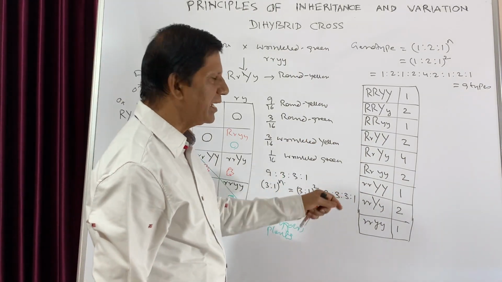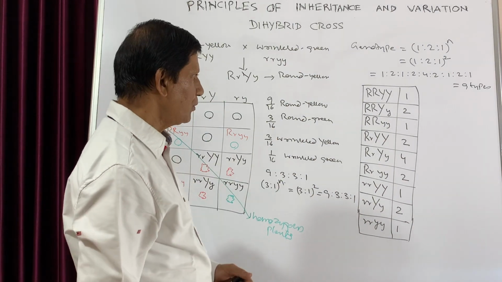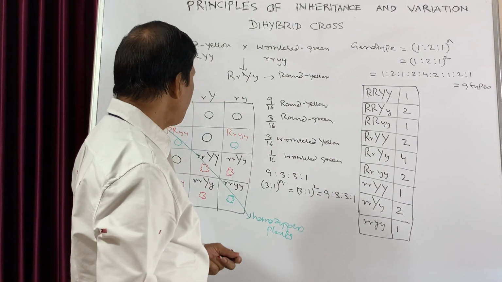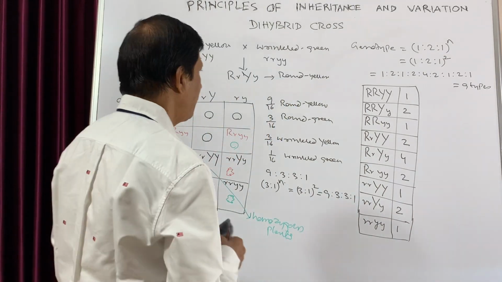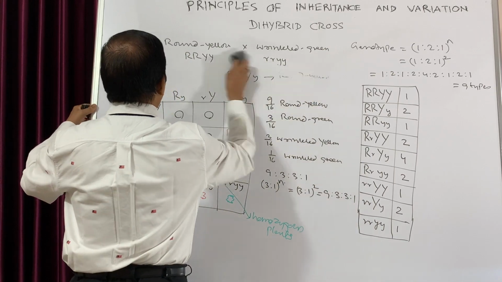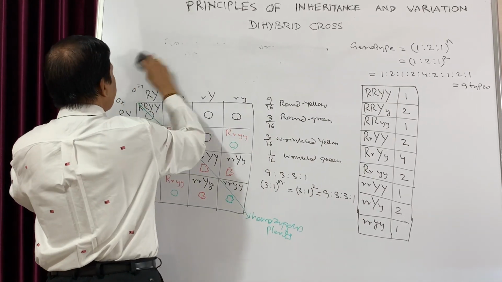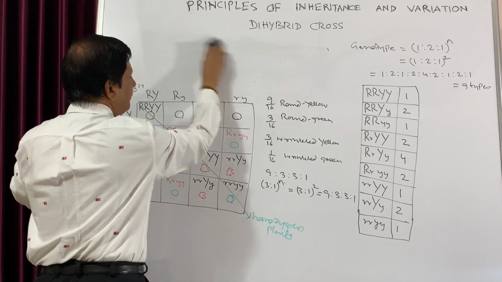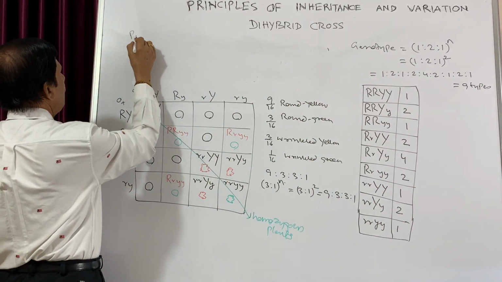Now from this again, we can derive certain conclusions. What are the conclusions? How many of these are pure homozygotes?